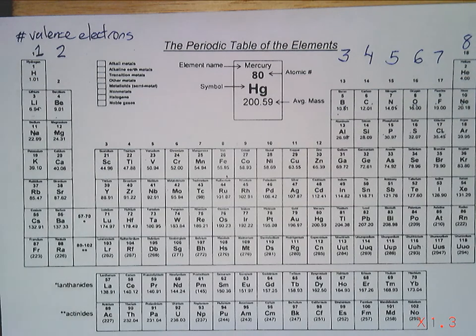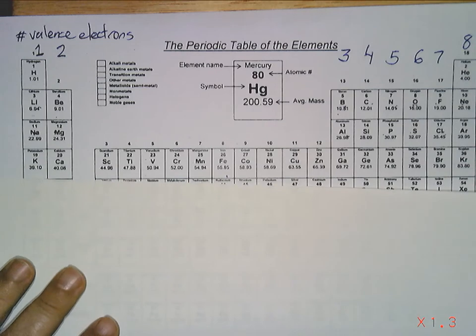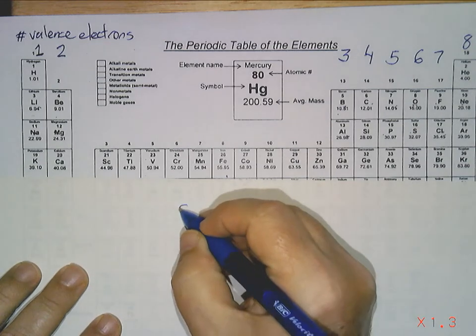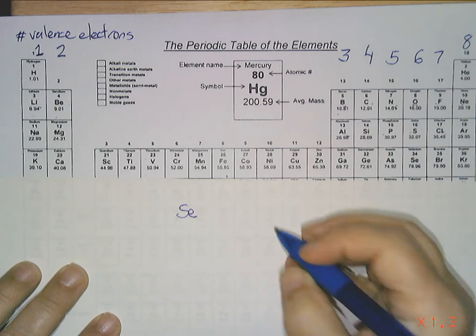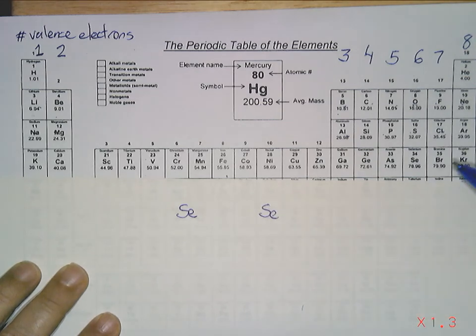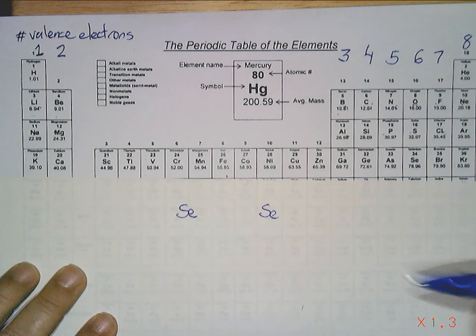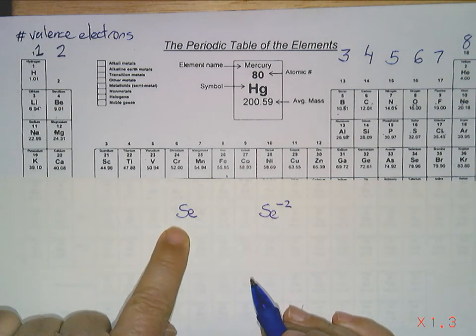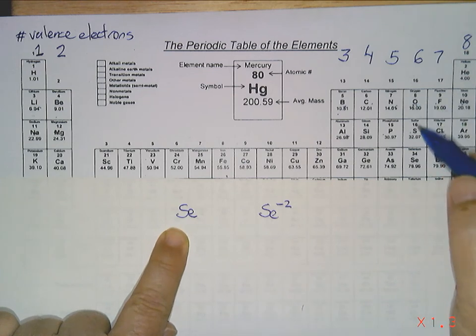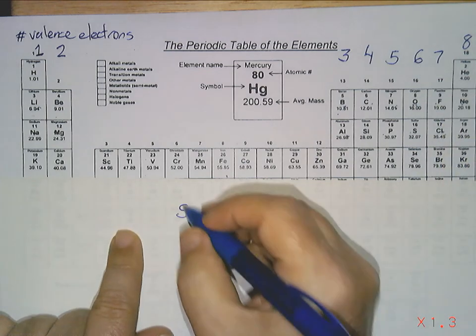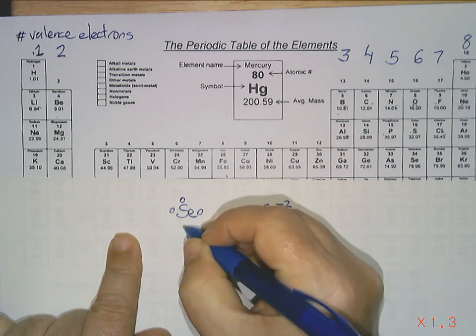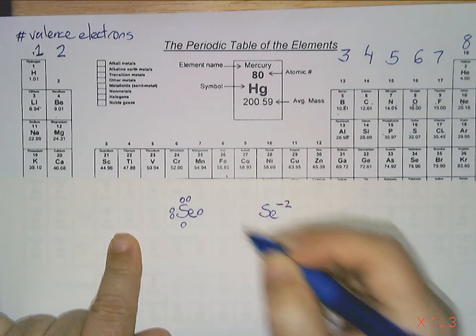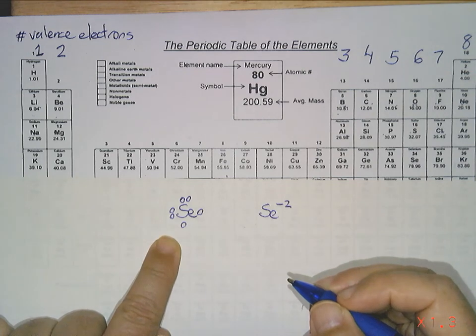Okay, let's do that. Suppose I have a selenium ion. Selenium atom looks like this. Selenium ion will be, can you tell what the charge is going to be? It wants to be like the nearest noble gas. So it'll gain 1, 2 more electrons. Let's do the Lewis structures for both of these. Now selenium is in the column with 6 valence electrons. So I can write 6 valence electrons around it. There's a selenium atom.